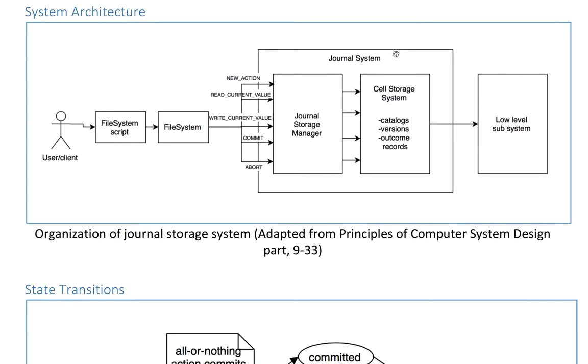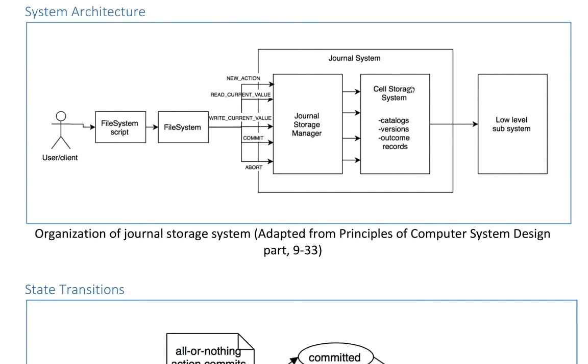Now the journal system provides a container to reside the journal storage manager and the cell storage system. The journal storage manager acts something like a wrapper that listens to the 5 types of requests as shown in the left, and these are translated into system level calls which would be handed into the cell storage system.